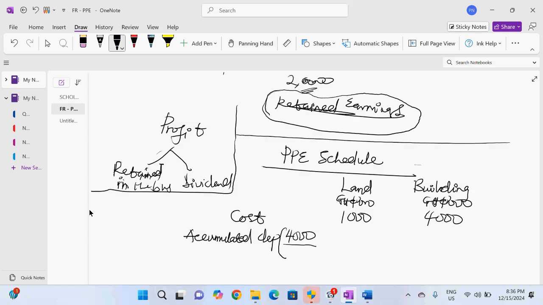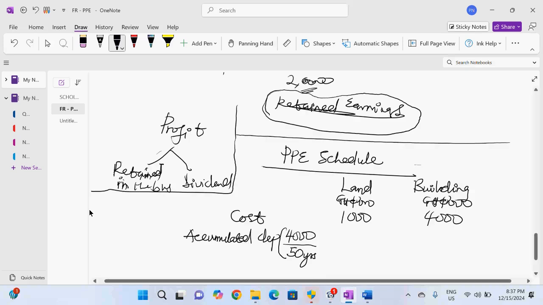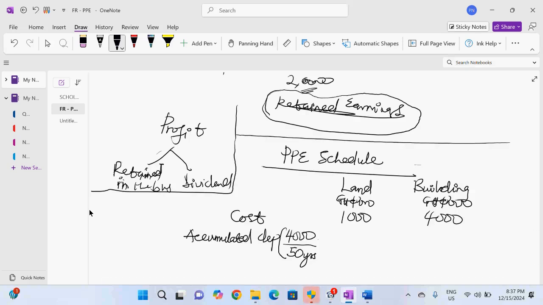Divided by the useful life, 50 years. The total expected useful life is 50 years.